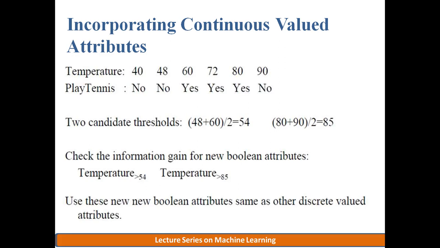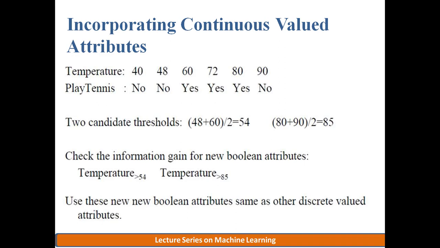Suppose we want to include the continuous valued attribute temperature in our training data, which is describing the training example days in the learning task. Suppose the training examples associated with a particular node in the decision tree have the temperature values as shown here, and the target attribute PlayTennis is as given here.